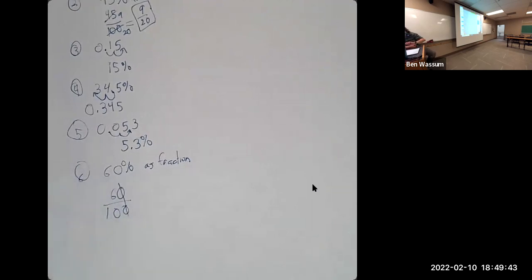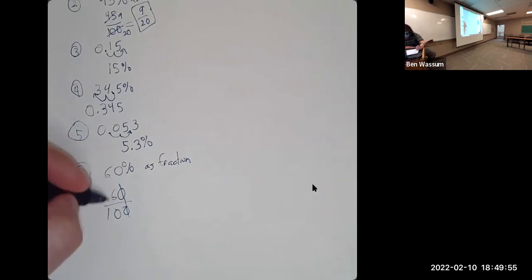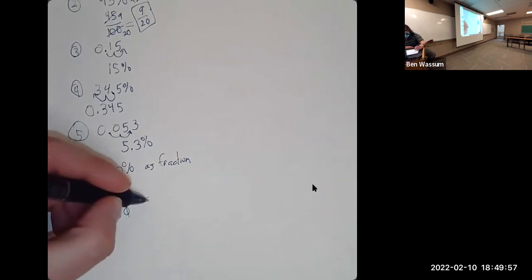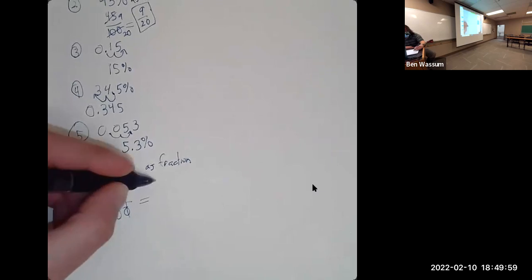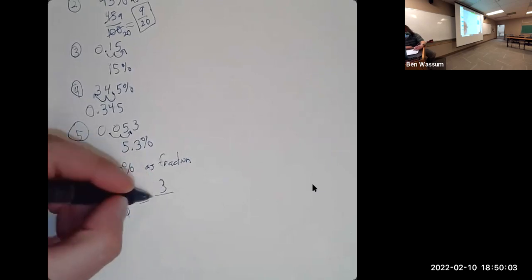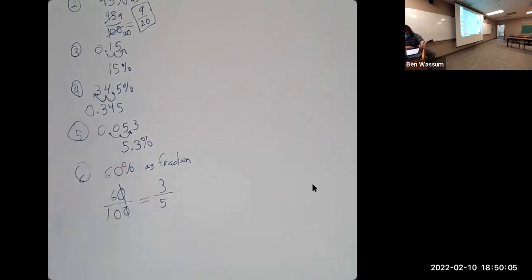It's a lot nicer to look at 6 over 10 than it is to look at 60 over 100. So I have 6 over 10. How can I break that down? Well, I know 2 goes into both of them, right? They're both even. So 2 goes into 6 3 times, and 2 goes into 10 5 times.